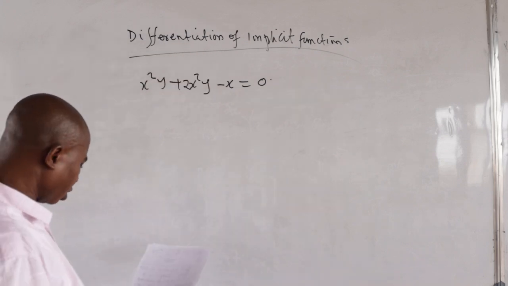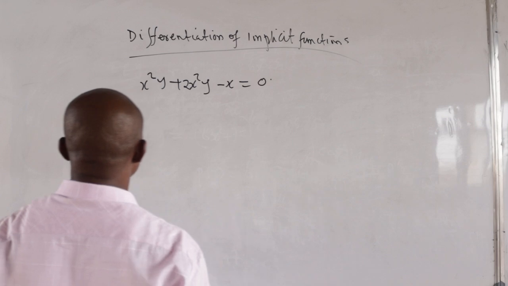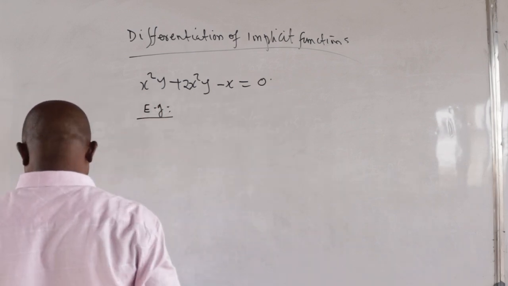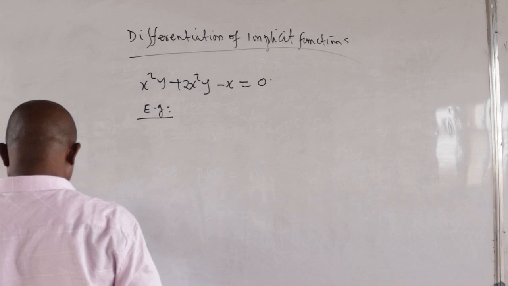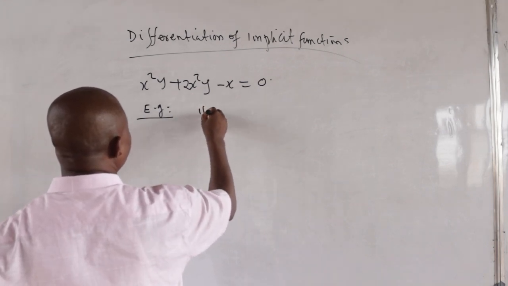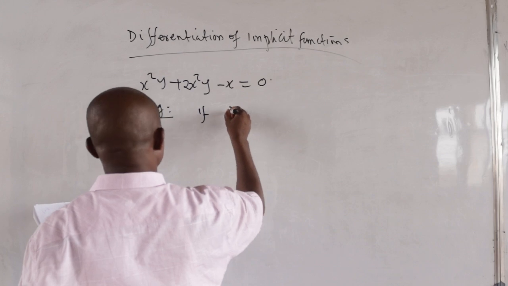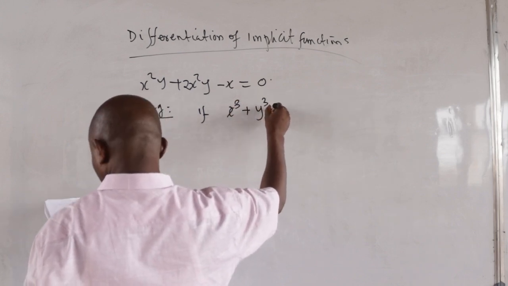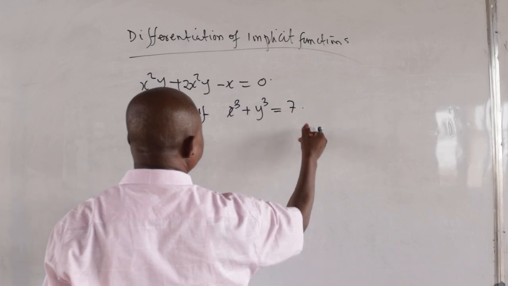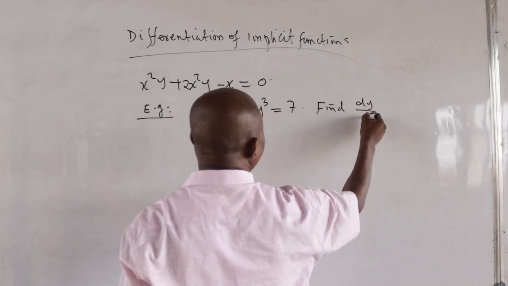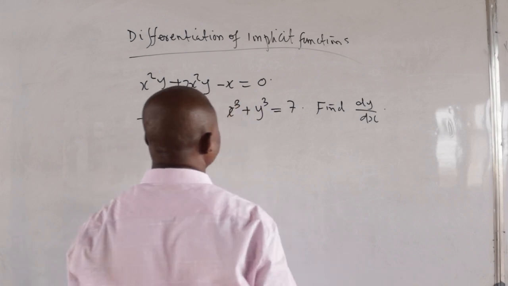And so we take some examples. For example, consider the function. It says if x raised to the power 3 plus y raised to the power 3 is equal to 7, find the derivative of y with respect to x.